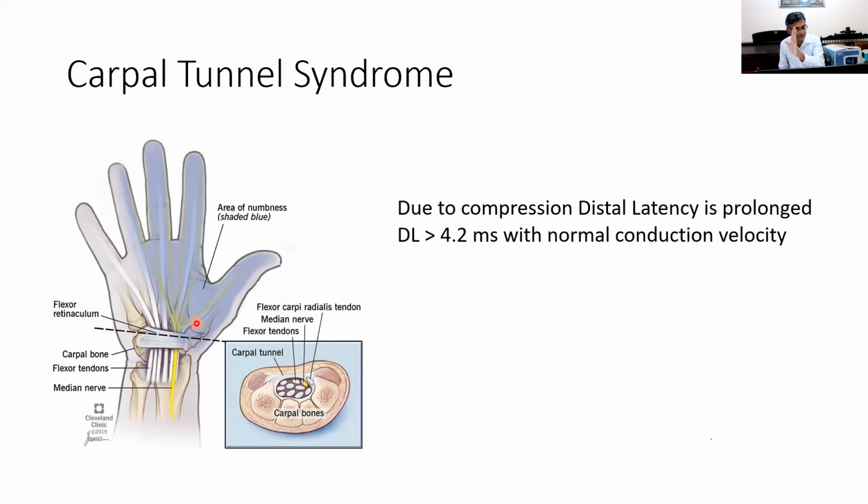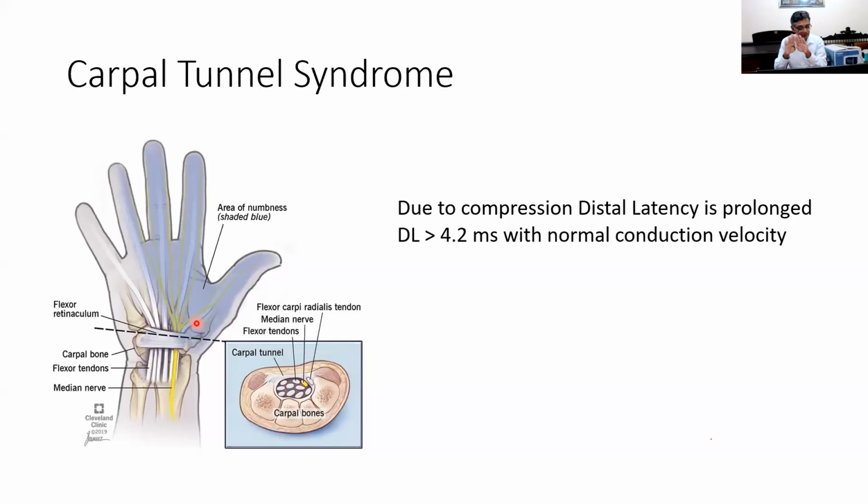So that means it is not fulfilling the criteria for diagnosis of carpal tunnel, because carpal tunnel is more than 4.2 milliseconds distal latency. But here it is 4, but there is a wider gap from the ulnar nerve. Actually, the ulnar nerve and median nerve latency difference should be less than 1.2 milliseconds. So the gap cannot be more than 1.2.